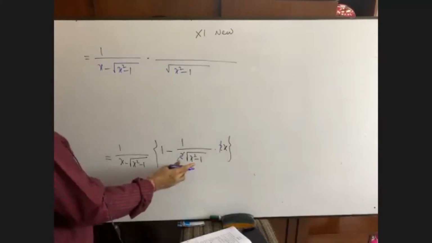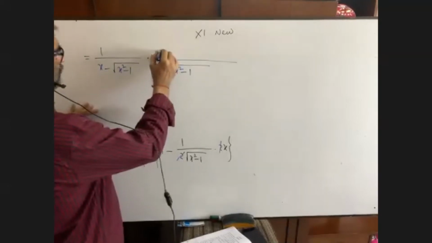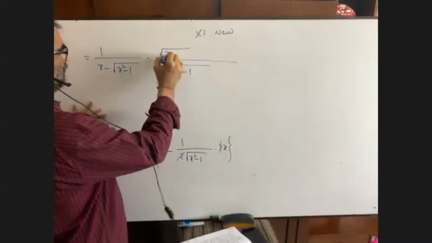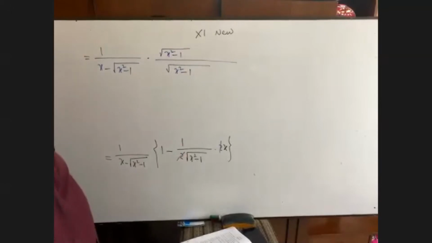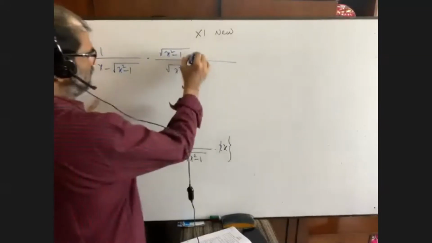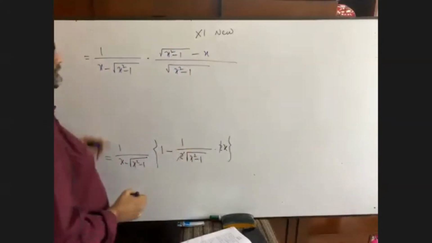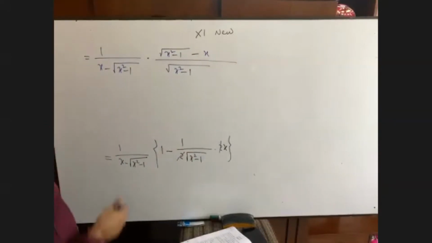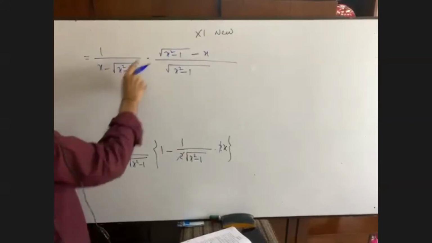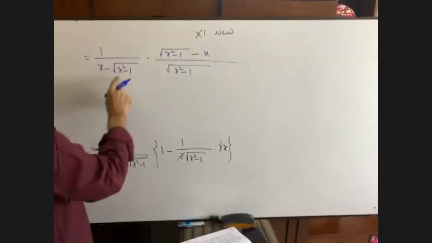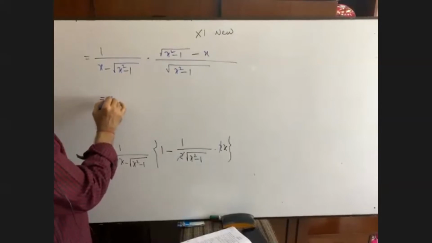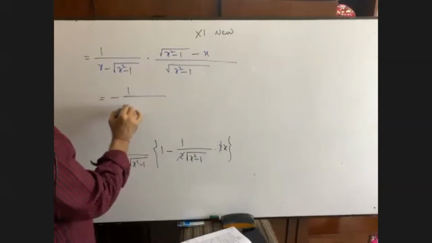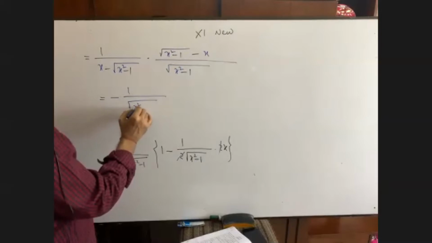So we are getting here root over x square minus 1 minus x. And we are differed by only a minus sign. Have you seen? Same thing, but we are differed by a minus sign, right? So we are getting minus 1 by root over x square minus 1.